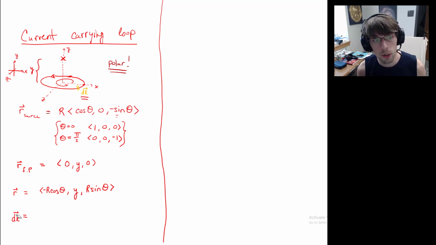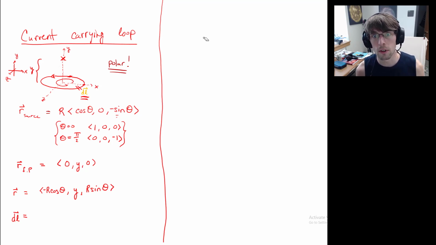Now notice, if you think about the trajectory of the current as being this circle, how would you describe the direction of dl on that wire?